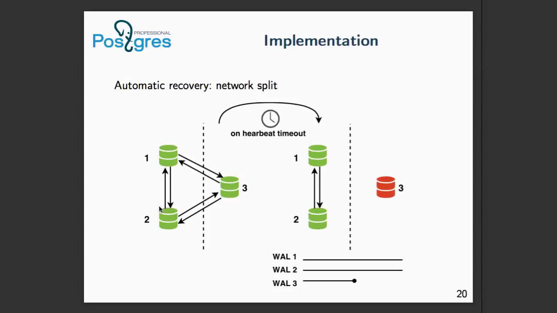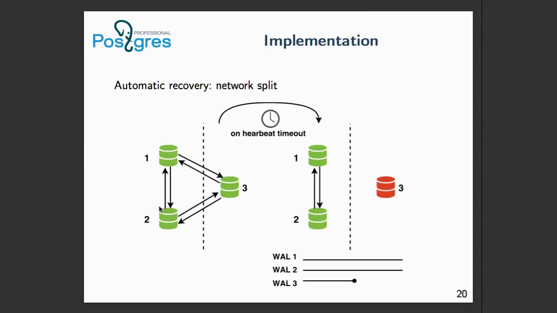We have a daemon that sends heartbeats, and on heartbeat timeout, this node will stop having writes. Before that timeout, all transactions will get stuck because every committing transaction needs to collect votes, and since there is no network connection, all transactions just will be stuck here.